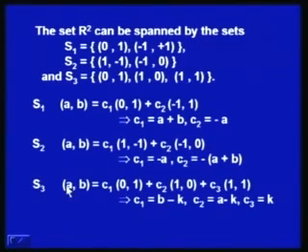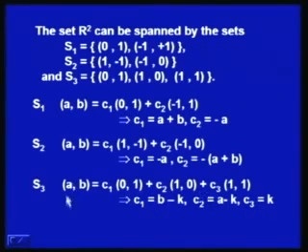Similarly, to see that S3 spans R2, we again consider any vector in R2 expressed as a linear combination of the given vectors. In this case, we find that C1 is equal to B minus K, C2 is equal to A minus K and C3 is equal to K, where K is an arbitrary value.